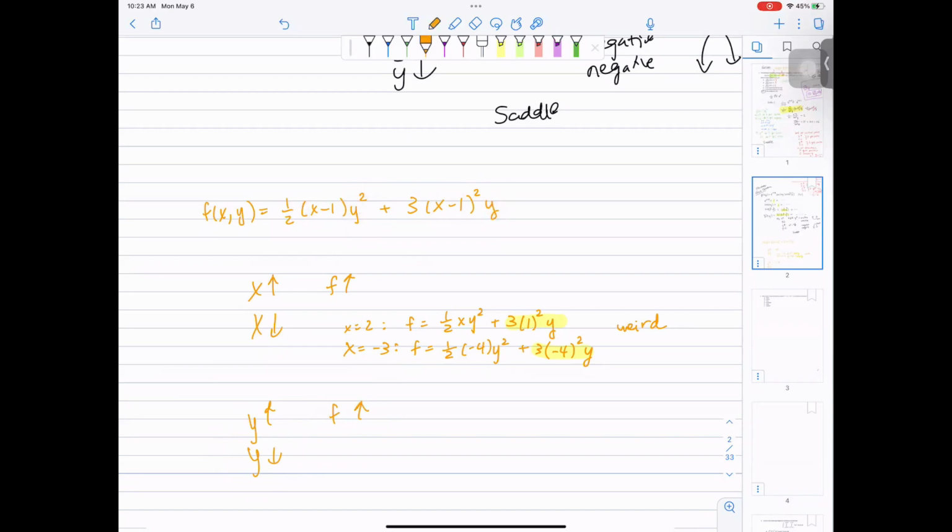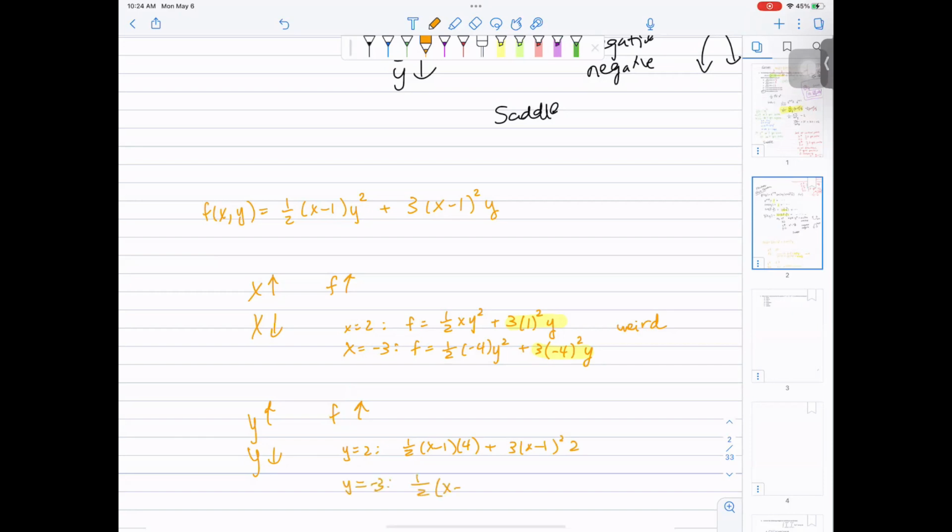As y decreases, though, the first term is always positive because any number squared is positive. But here you're always subtracting something. So no matter what, if y is 2, for example, you get 1/2 x minus 1, 4 plus 3 x minus 1 squared, 2. But if y is -3, what do you get?